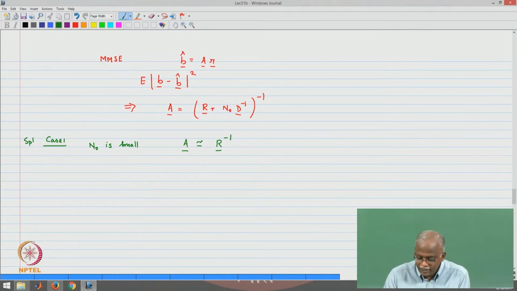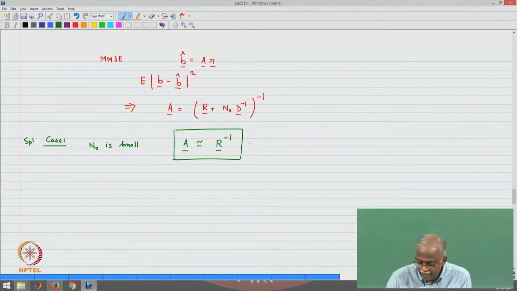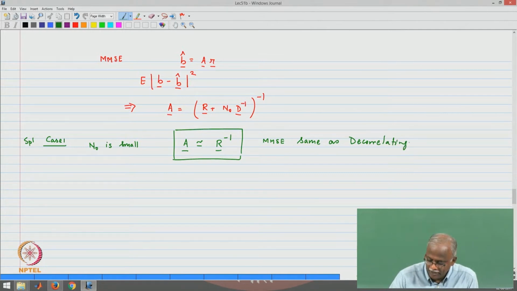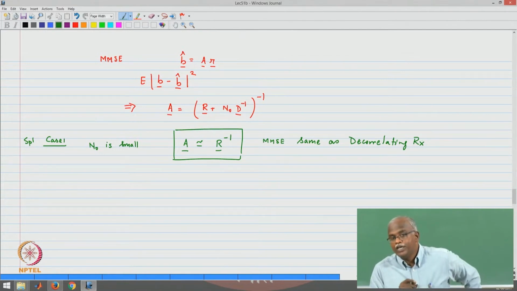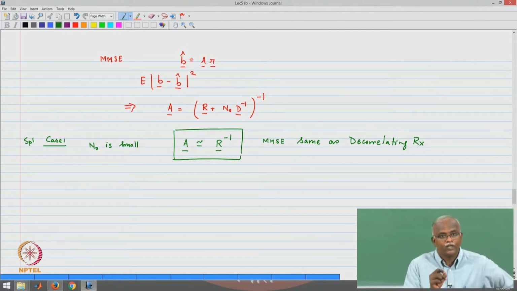Notice that what this is telling us is that in this particular case the MMSE solution is the same as the decorrelation receiver, the decorrelating receiver. And it is a very interesting result, because what did we say was the drawback of the decorrelating receiver?